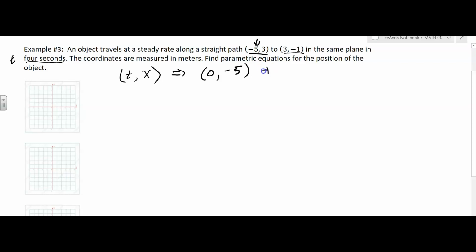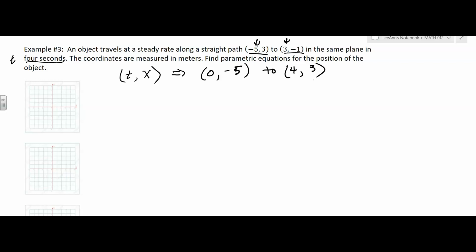And then it's going for 4 seconds, and it winds up at an x value of 3. So you're comparing the time, when did it start, when did it end, to position, the position being the x position, that distance.